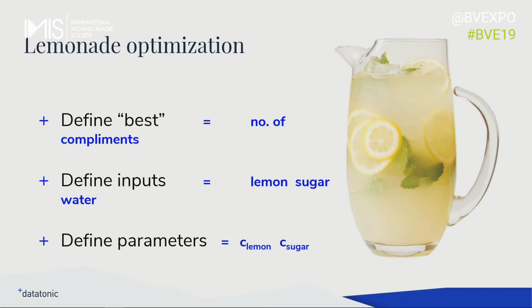The parameters you're optimizing over, within the lemonade example, we're talking what concentration of lemon and what concentration of sugar. So they are actual numbers. We're not going to go further into the maths, they're just numbers. And so the numbers you might talk about in terms of optimizing a donation request would be how much you're asking for, and when you're asking for it, and where you're asking for it, all in terms of numbers.